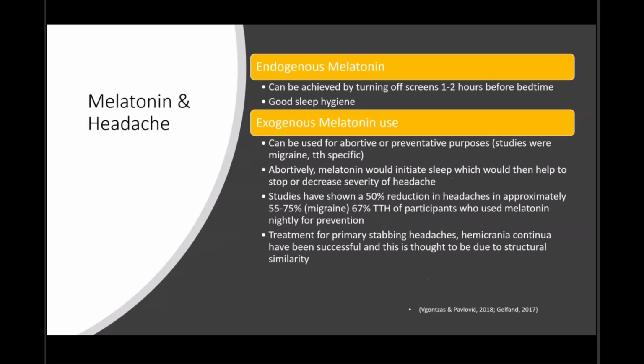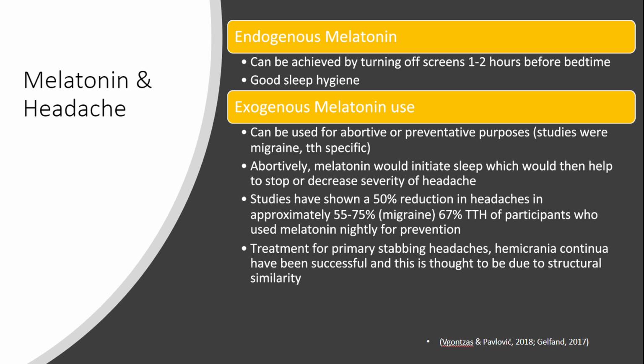If we do need to use melatonin, it can be used for abortive purposes or preventative purposes, more specifically for the preventative purposes. Abortively, with melatonin you can initiate sleep, and then that can decrease or stop the severity of headaches.